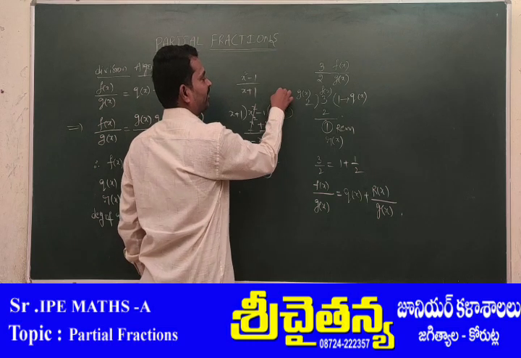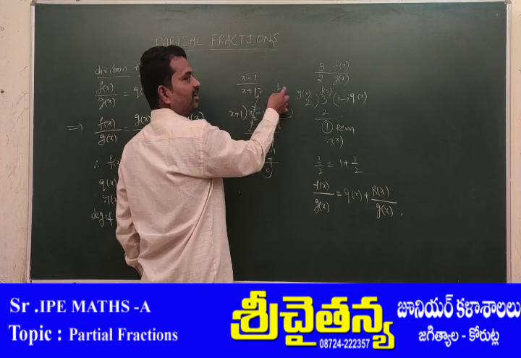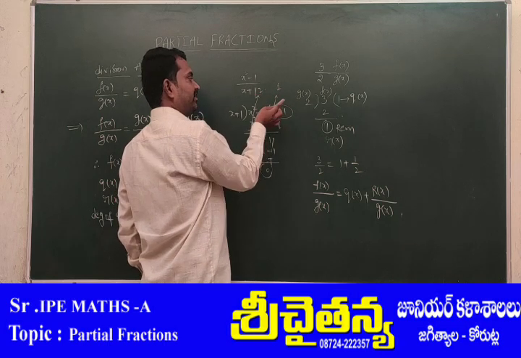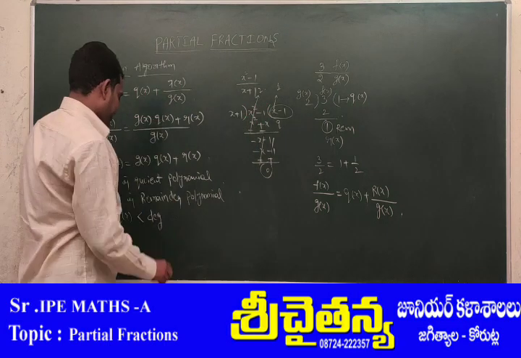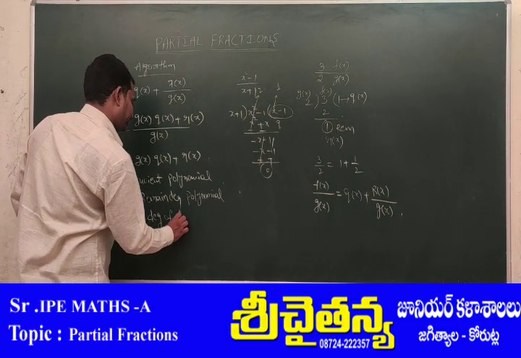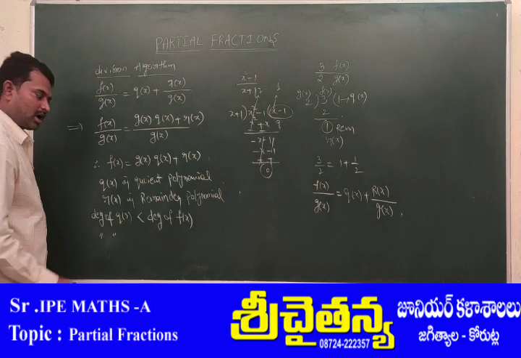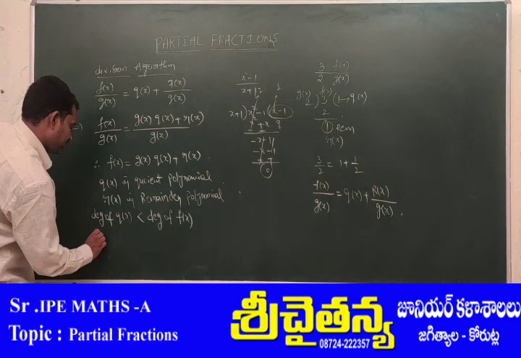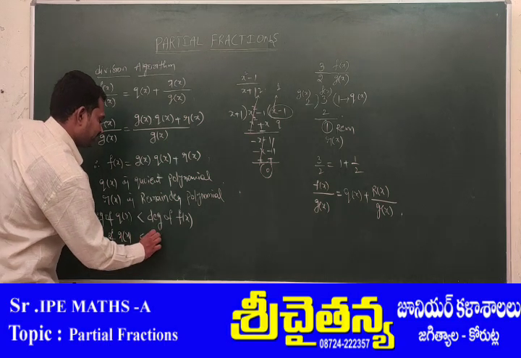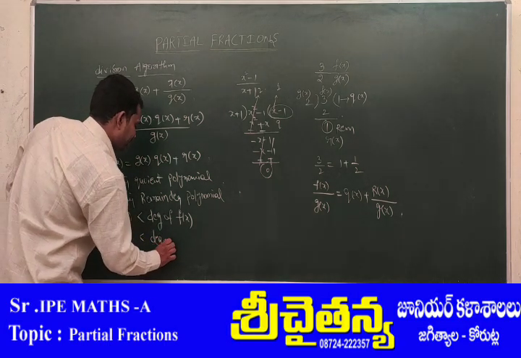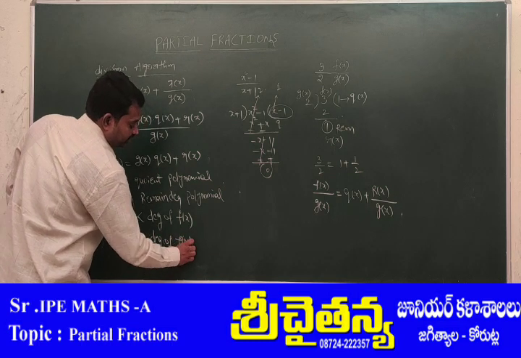What is the degree of the coefficient polynomial? 1. What is the degree of f of x? 2. So the degree of the coefficient polynomial is always less than the degree of f of x. Next, the degree of r of x is also less than the degree of f of x.